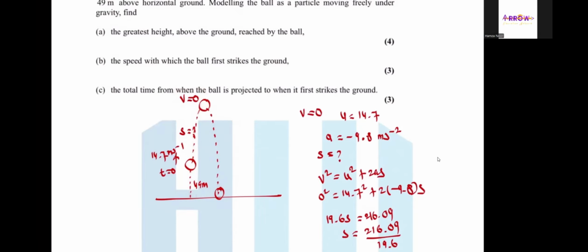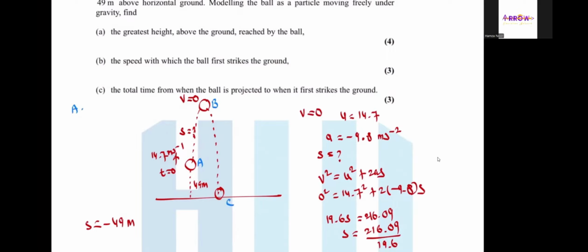So when we start from t equal to 0 and end at the point when the ball strikes the ground, what will the displacement be? Displacement will be taken as minus 49 meter, because the ball is changing the path of motion. So let's say this is point A, this is point B, and point C.